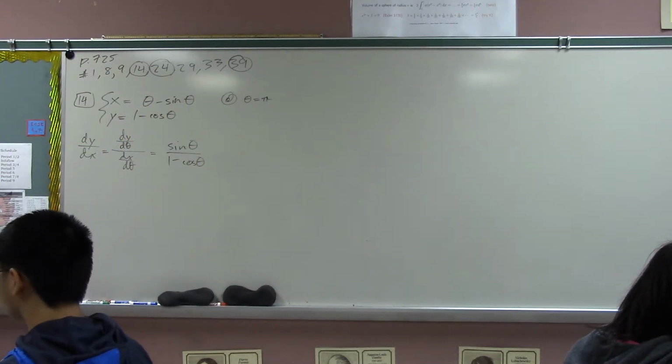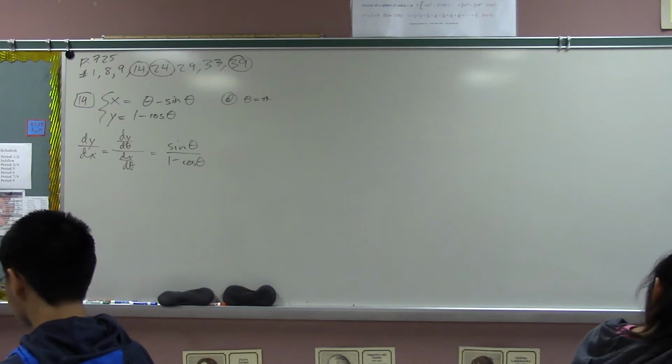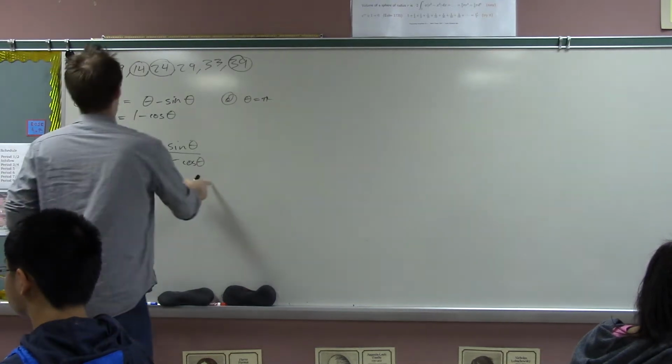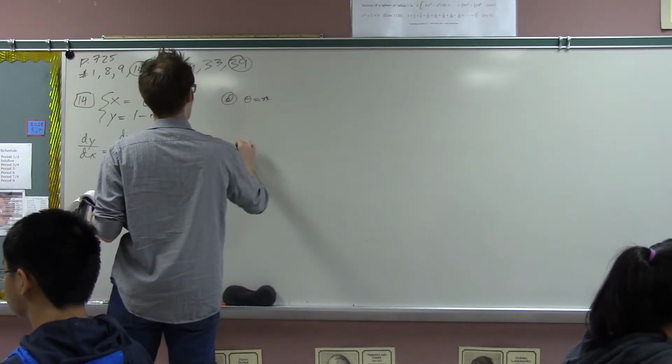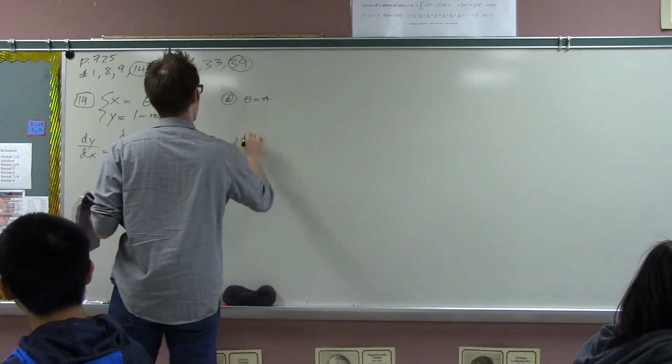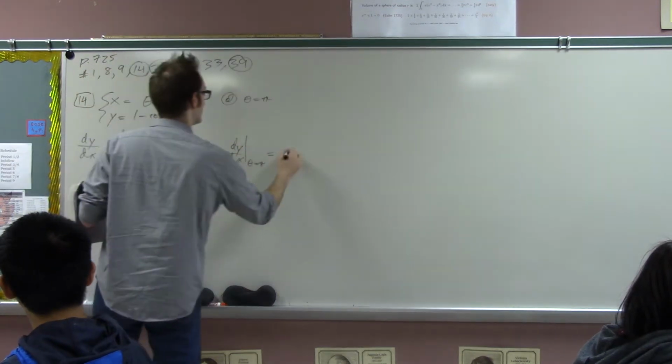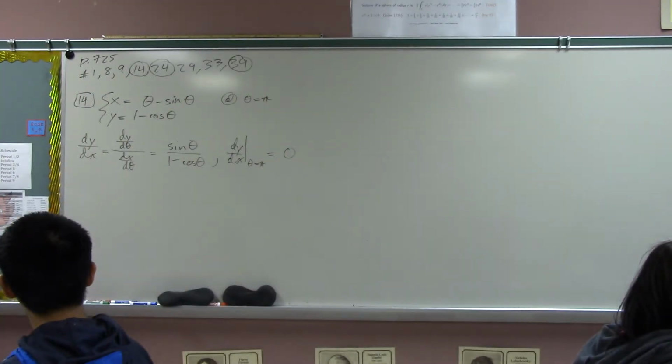So there is my formula in terms of theta for dy/dx. Now I specifically want dy/dx at theta equals pi. I plug pi in for theta, and it gets 0. It's kind of boring. So there's going to be a horizontal tangent there at theta equals pi.